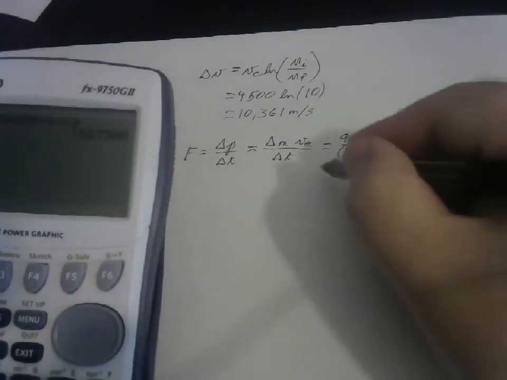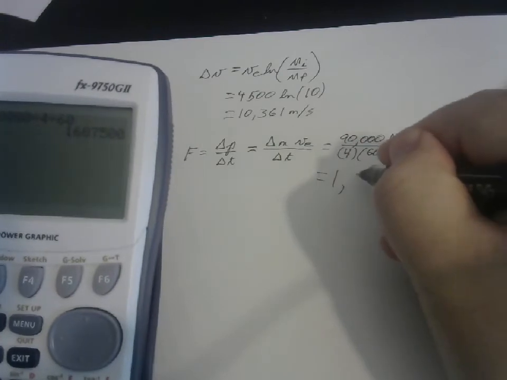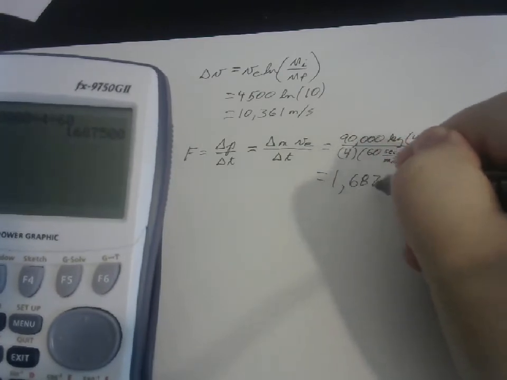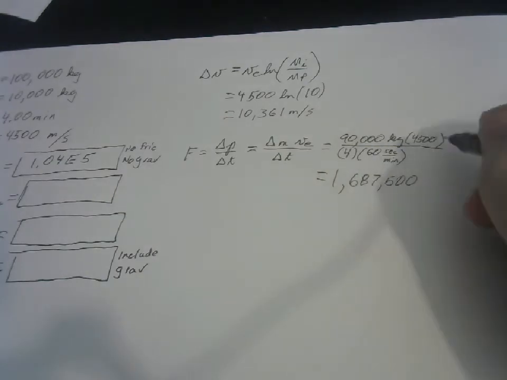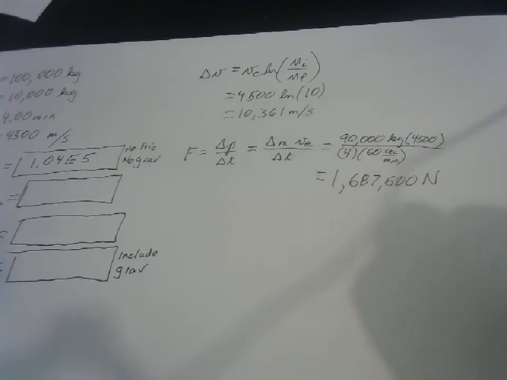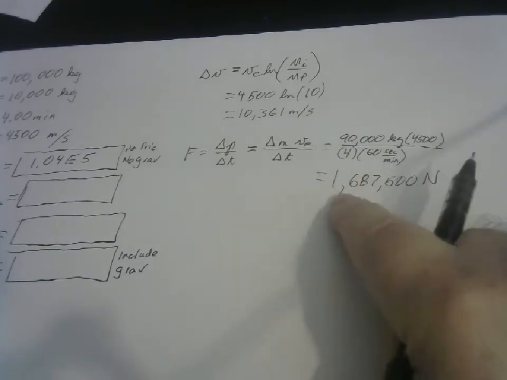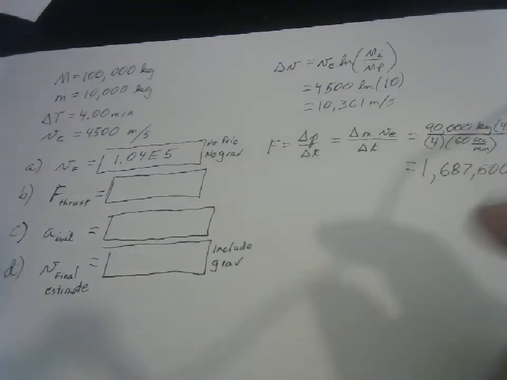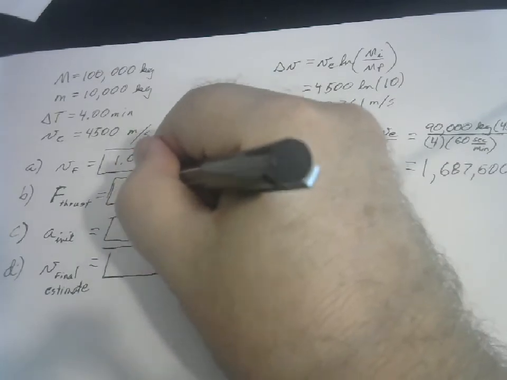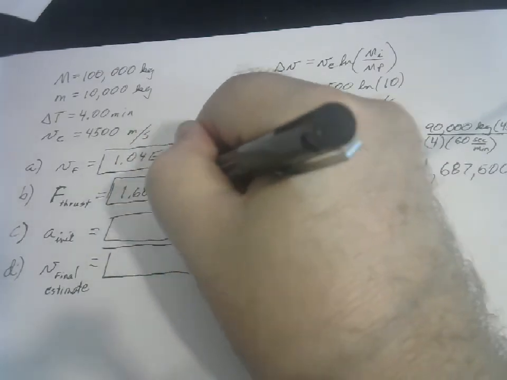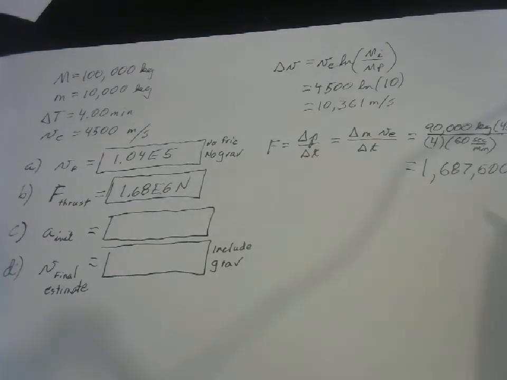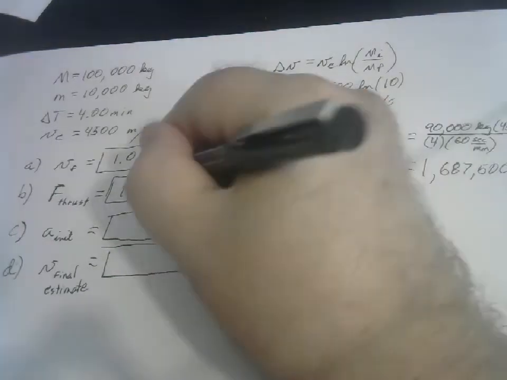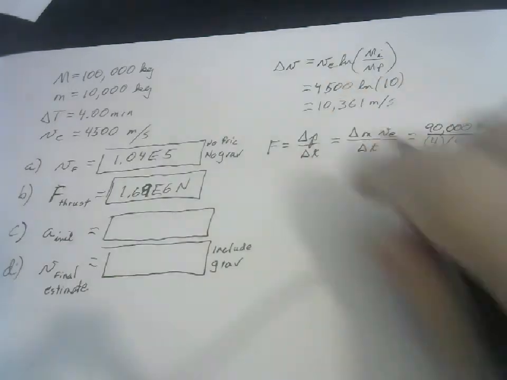And that comes out to be 1,687,500 newtons. Kilogram meters per second divided by seconds is newtons. So 1.68 E6 newtons. Or, I'm terrible at rounding, 1.69 E6 newtons.